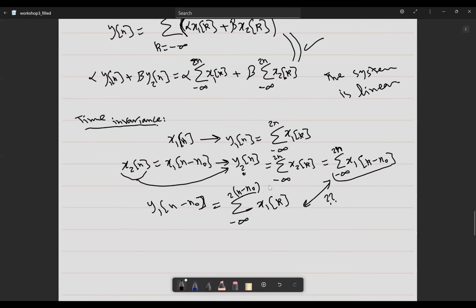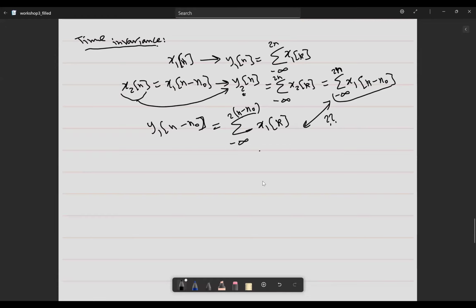Because at the end, if we do the summation, we'll have some terms, and the last term here will be x1 at 2n minus 2n0, sorry, in this case. But in this case, we'll have some terms, and then the last term will be x1 at 2n minus n0.